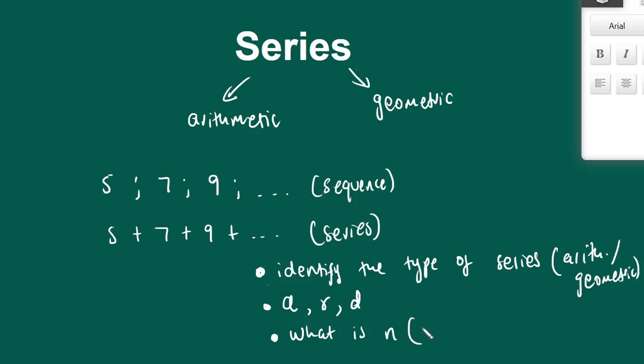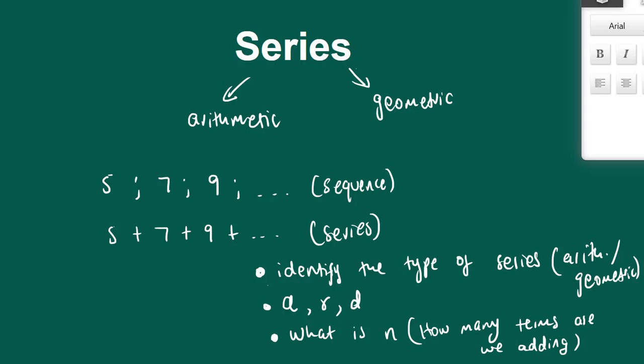Meaning, how many terms are we adding? That is very crucial. You need to understand how many terms you are adding. So those are the 3 steps that you're going to apply on any type of series problem.